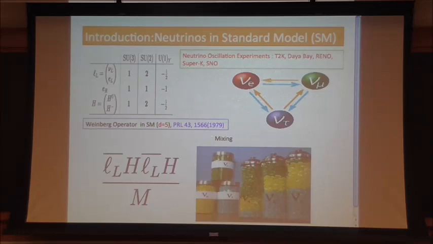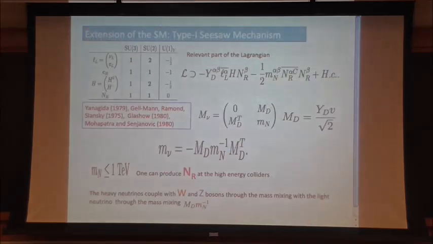In 1979, Weinberg gave the idea of a dimension 5 operator in the standard model, and basically this idea was the father of new mechanisms which included right-handed heavy neutrinos to extend the standard model, and eventually explained the small neutrino mass, where we have one Majorana mass term.